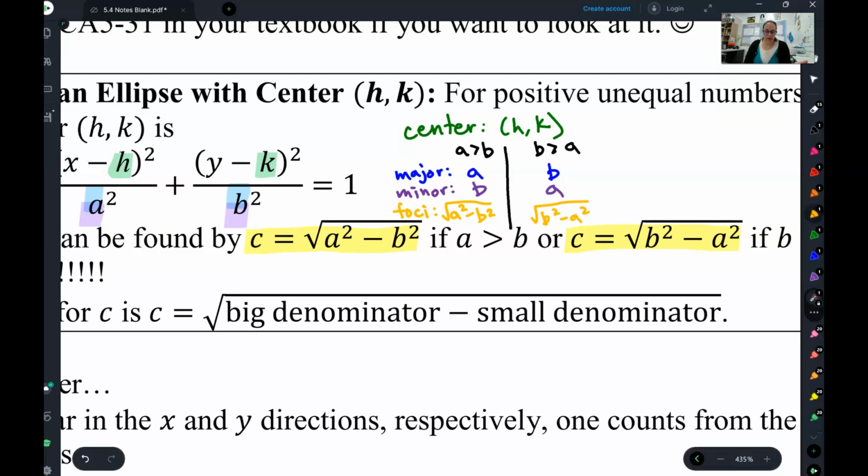Either way, an easy way to remember this equation is you always do the biggest one squared minus the little one squared. Basically, we're making sure our root doesn't give us a negative number. If we started with the small one and subtracted the big one, we'd have square root of a negative, and we don't like that. So we're basically starting with whichever one is bigger, so we don't have imaginary numbers. So that's our foci equation.